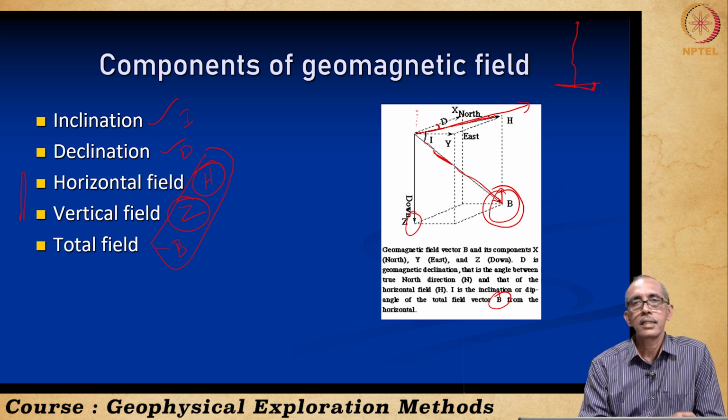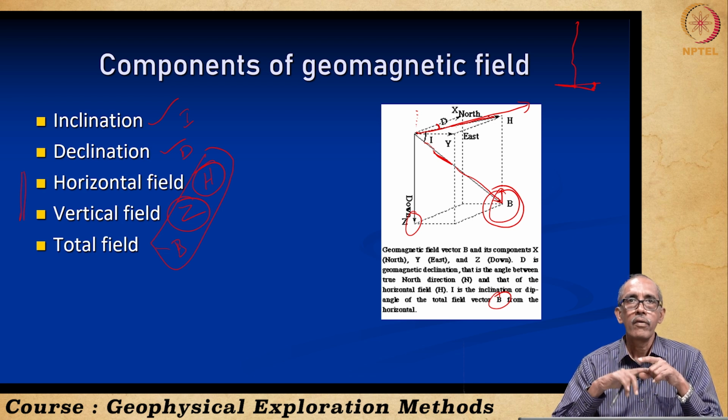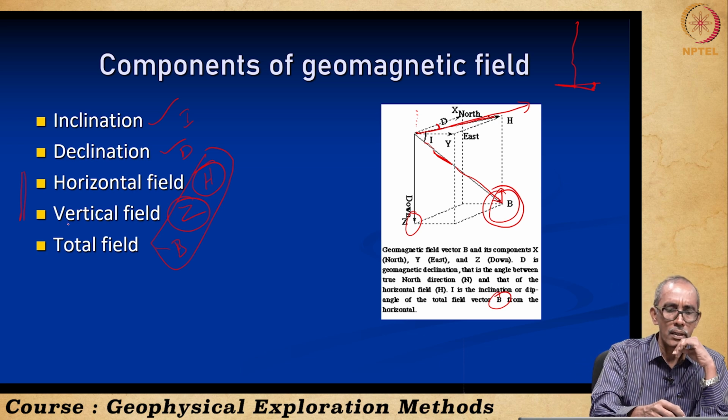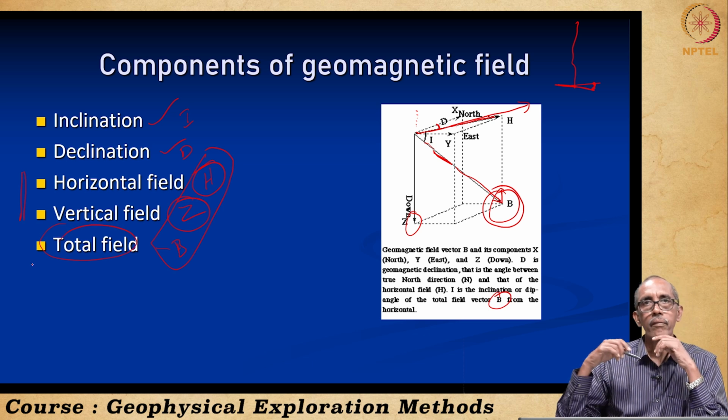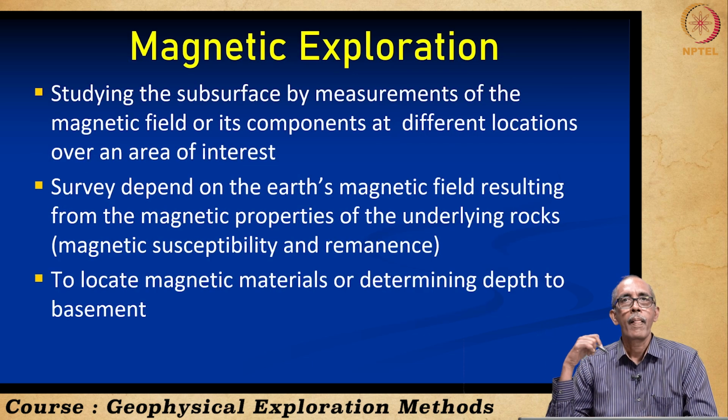It is interesting, isn't it? That means we can measure either inclination or declination, or the horizontal component, the vertical component, or the total field vector. But conventionally, mostly we measure the total field vector. However, we can measure any of these.